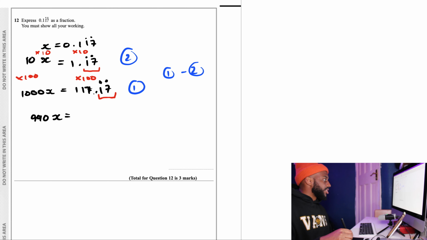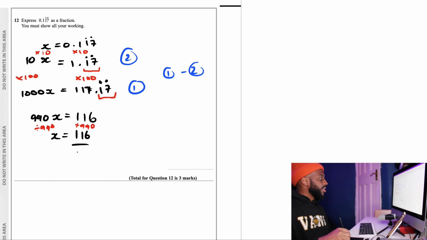And 117.17 recurring minus 1.17 recurring gives us 116. The next step to find x and our fraction is to divide both sides by 990, which gives us 116 over 990. And we can leave it like that, no need to simplify.